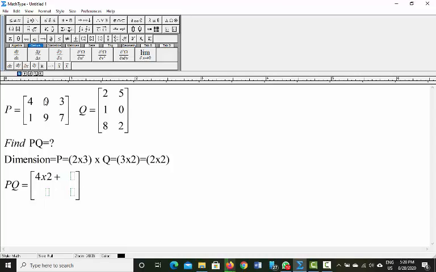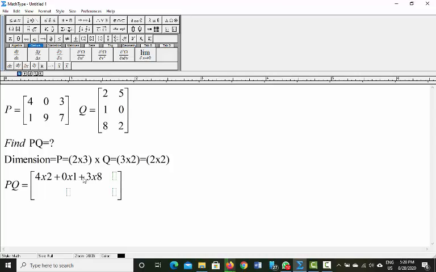Now we multiply the second element with the second element: 0 multiplied by 1, plus. Now the third element with the third element: 3 multiplied by 8.